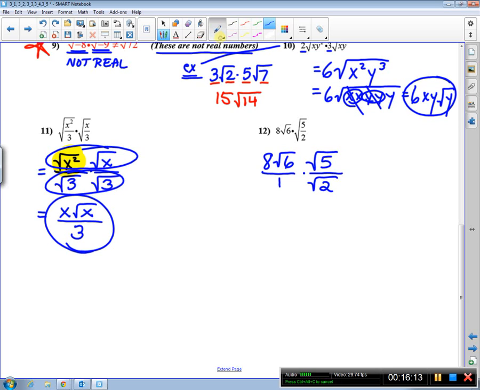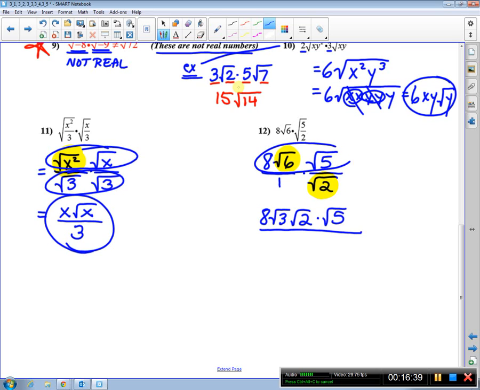Some of you would remember that if I'm multiplying and I have terms with the same factor in them, that I can reduce before I multiply. So let's see, you could think of 8 as 8 radical 3 radical 2, and we're multiplying it by radical 5.